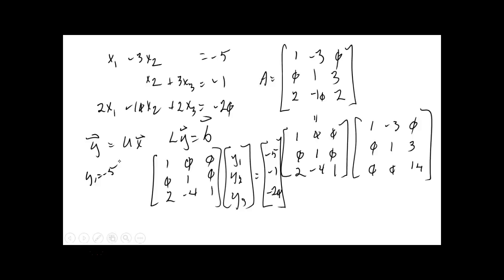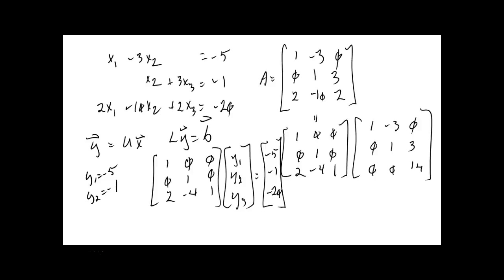Now when you do the next one, still pretty easy. 0 plus y2 plus 0 is equal to -1. So y2 is equal to -1. Okay?